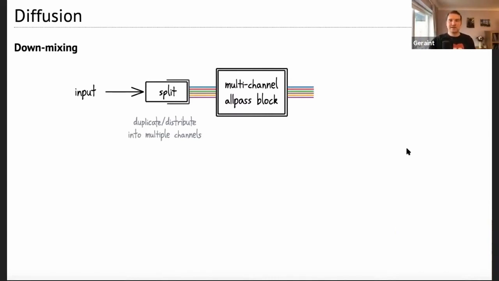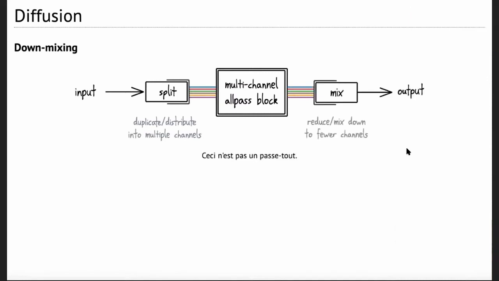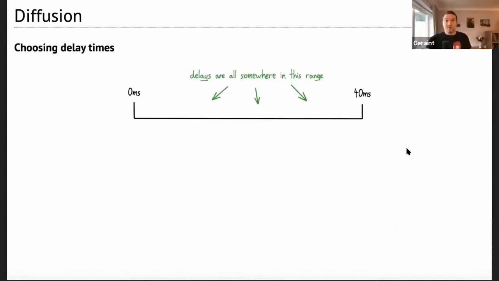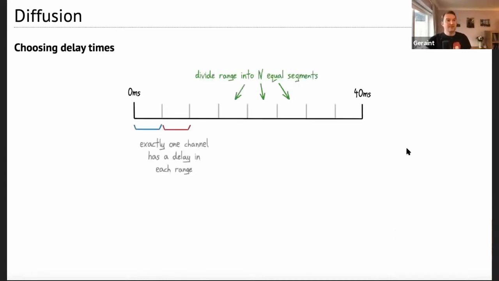Another little detail that's worth mentioning. I said that the delay times in this diffusion step could be chosen randomly. That is one way to do it. Another neat trick is to divide the range that you want, say 40 milliseconds here, up into equal segments, and then each channel's delay comes from a different segment.